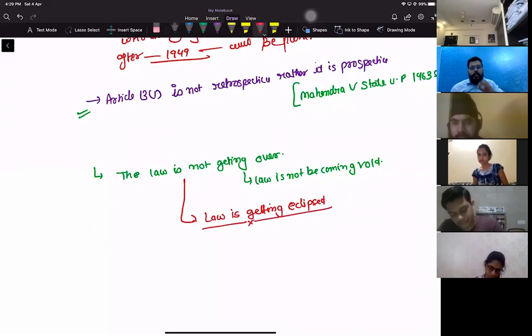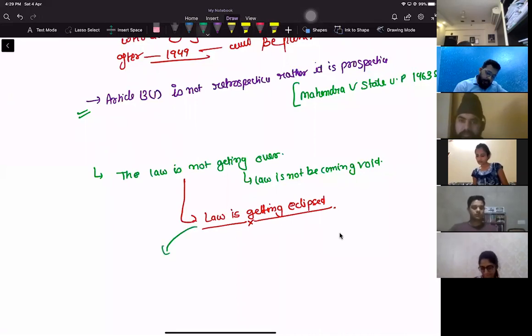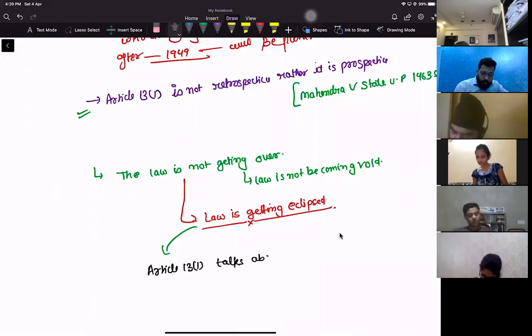So basically, Article 13 Clause 1 talks about the doctrine of eclipse.